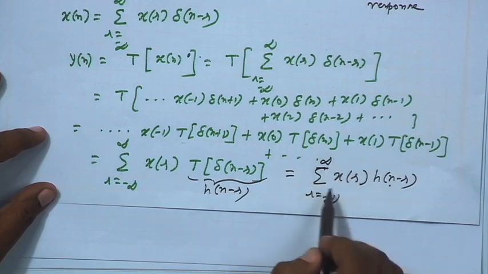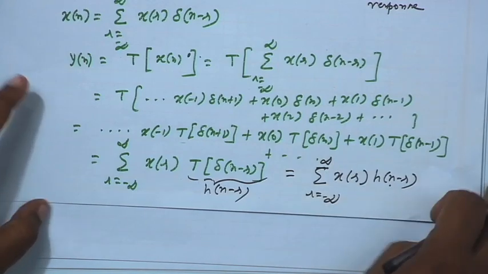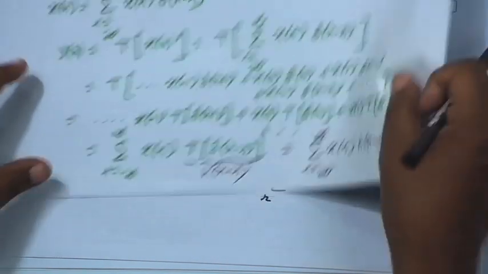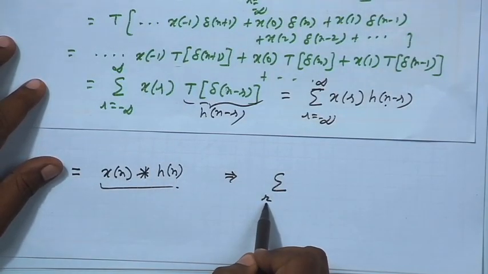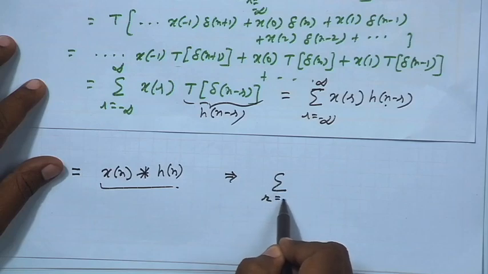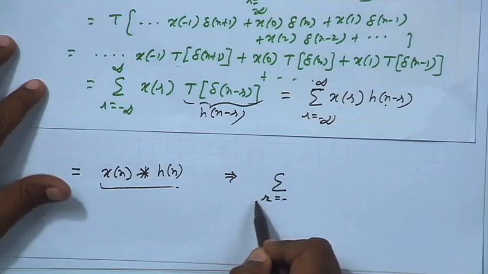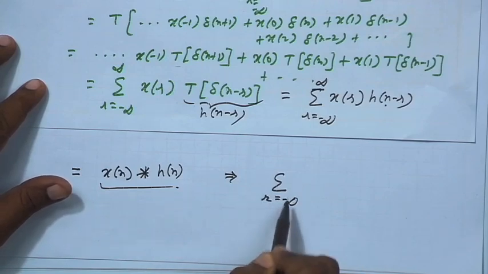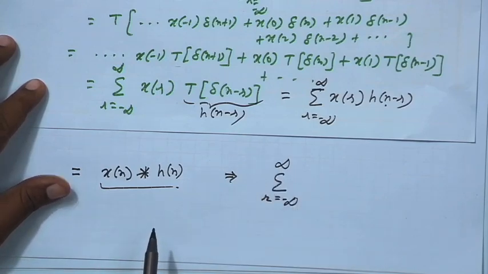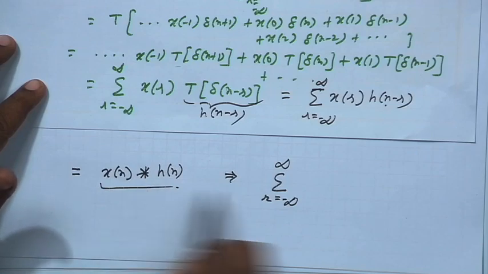R is variable. So when I am writing in this form, you do not bring n here, bring some local variable r or L or M or K or I or anything, and you should have the range from minus infinity to infinity. If you get this expression, what is the meaning?